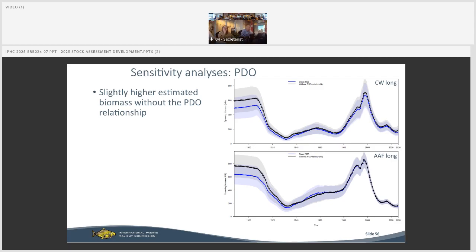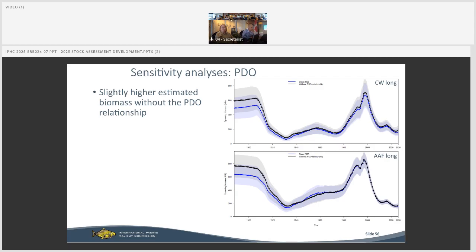If anything, the coastwide long model is slightly higher at the end of the time series without the PDO, because it doesn't have that signal saying, well, you're in a low PDO. The recruitment, which is pretty well informed, but not perfectly well informed toward the end of the time series, is definitely being drawn downward somewhat by including the PDO relationship.